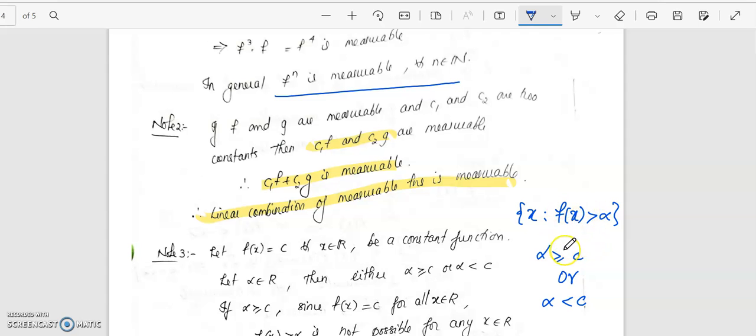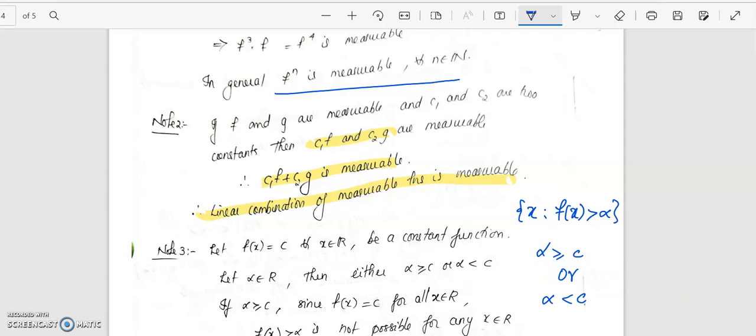So when alpha is greater than or equal to c, we are looking at the set of all x values such that f of x is strictly greater than c. Then there will be no such x values, because for all x values the value of f is c, so you cannot find x values such that f of x is greater than alpha where alpha is greater than or equal to c.